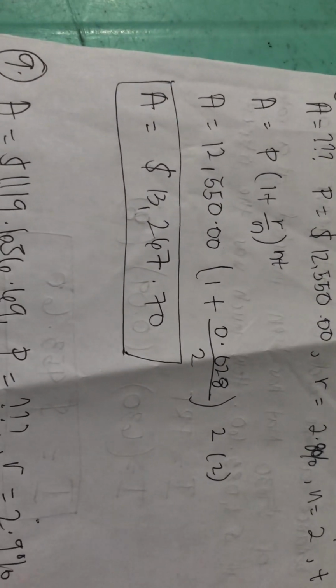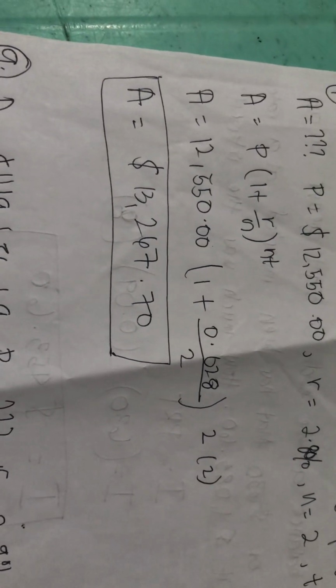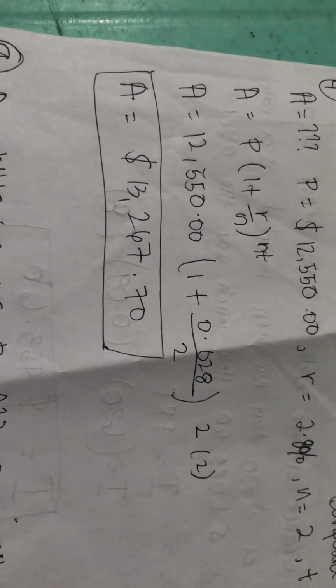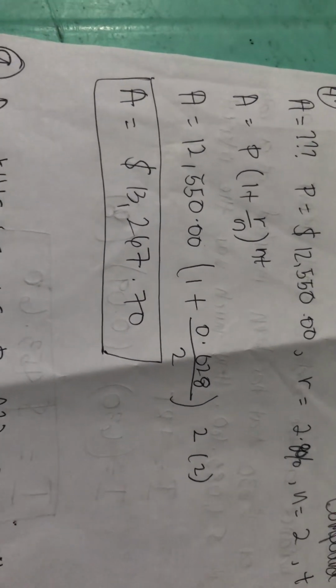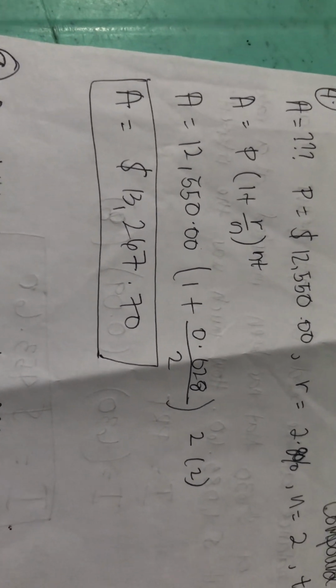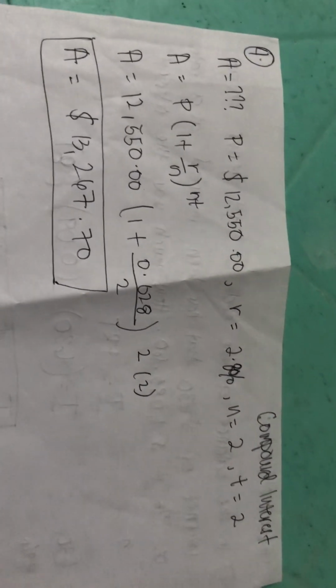So you can get the answer of A equals 13,267.70.